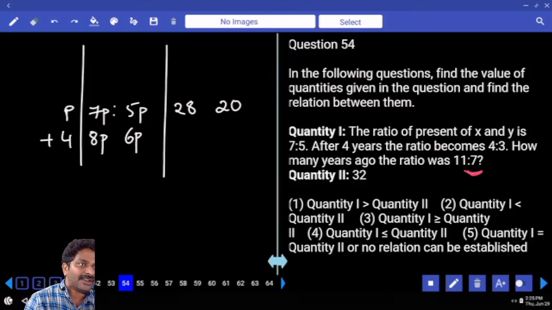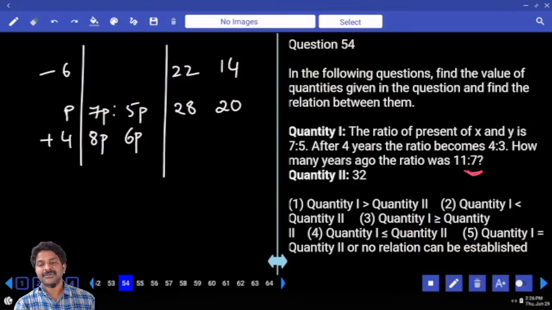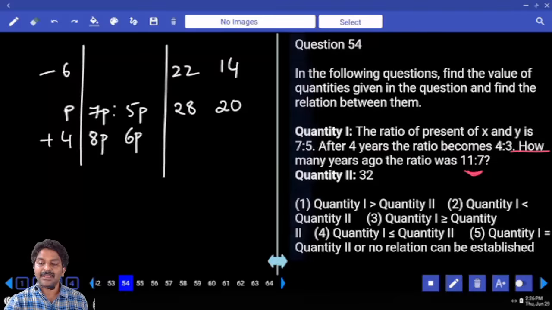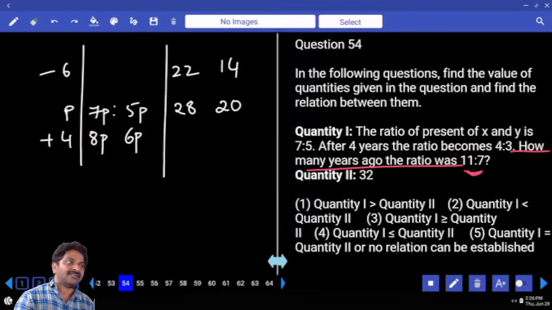And that must be equal to 8 years, right? If 4 parts is equal to 8, 1 part is equal to 2, 11 parts, 22, 7 parts, 14. If the present age of X is 28, how many years back was it 22? Come on. So how many years ago is the question, which is 6 years ago.